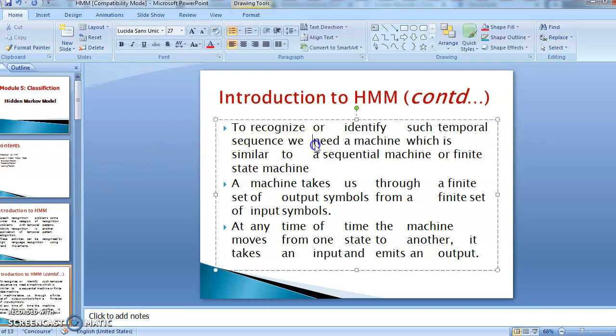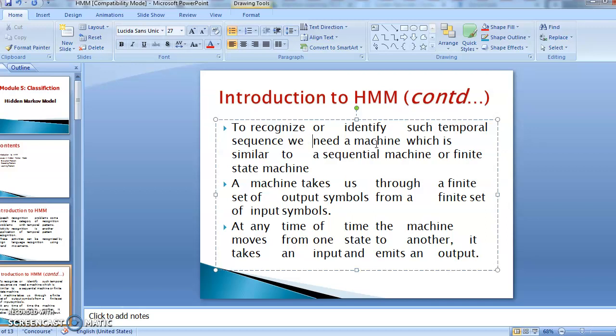As I told you, the hidden Markov model works with temporal sequences or some input. So how can we identify an input sequence? For that purpose, to recognize a temporal sequence, we need a machine similar to a sequential machine, or we can say a finite state machine. That machine will take us to a finite set of output symbols.